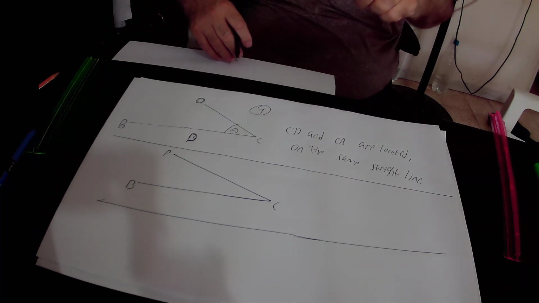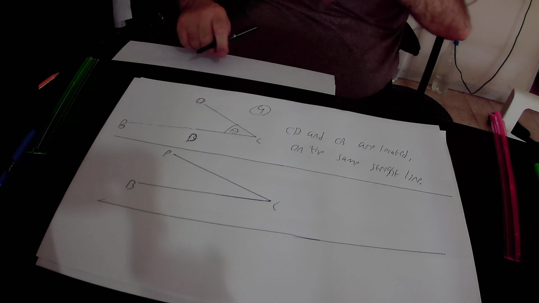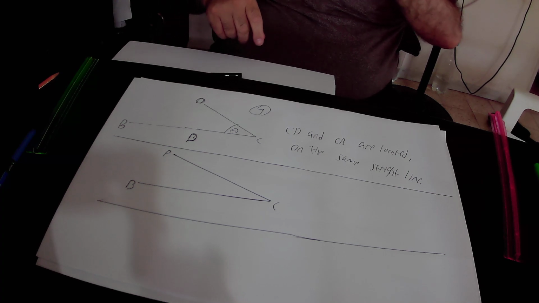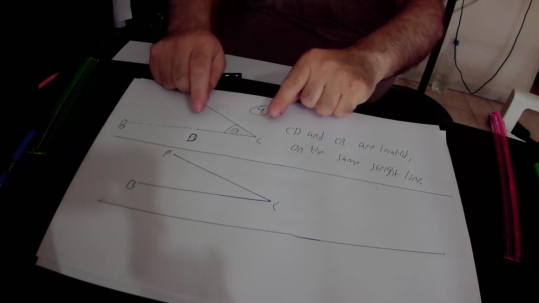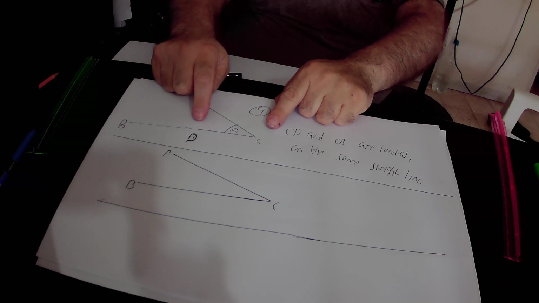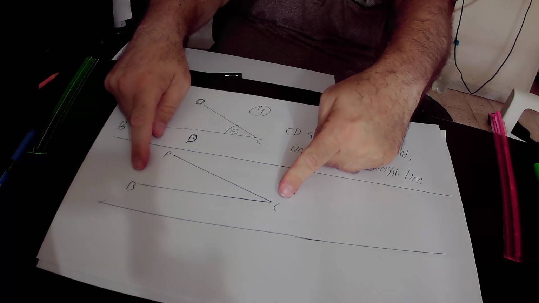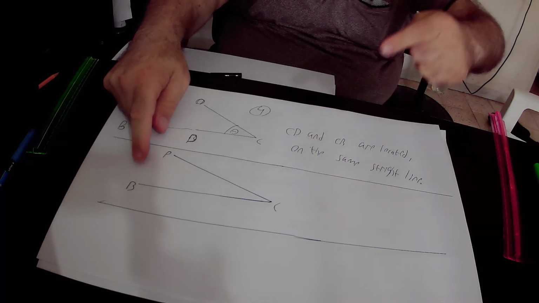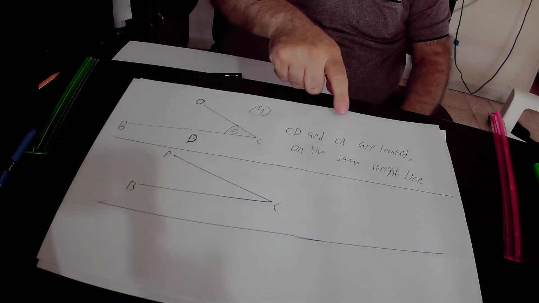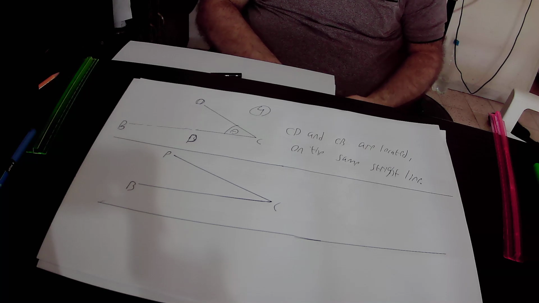So this is angle PCB that I drew from the original drawing. We already found out that leg CD on this angle and leg CB on this angle are both located on the same straight line. CD and CB are located on the same straight line.